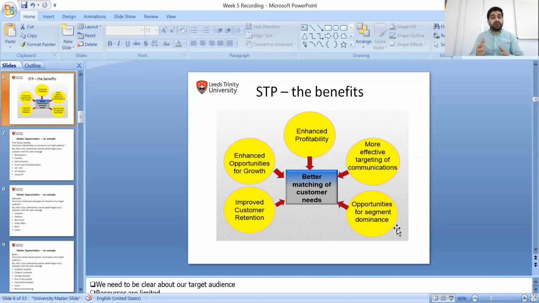Yes, if you are best matching your product to customer requirements, you are going to dominate, so you will get a competitive advantage in the market.